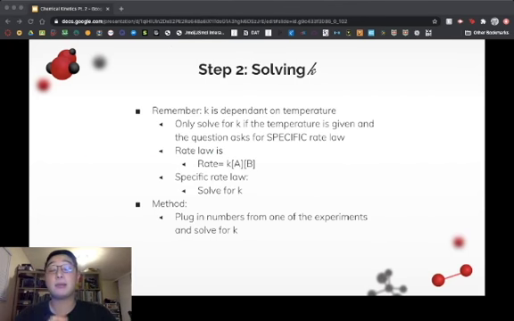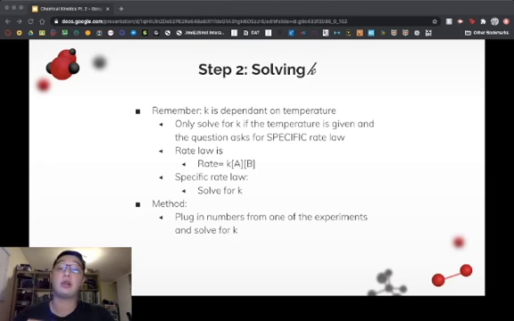All right, and then the next step here is to solve for K. Remember, K is dependent on temperature, so only solve for K if a specific temperature is given for all of the experiments, and then the question asks for a specific rate law, not just a rate law.